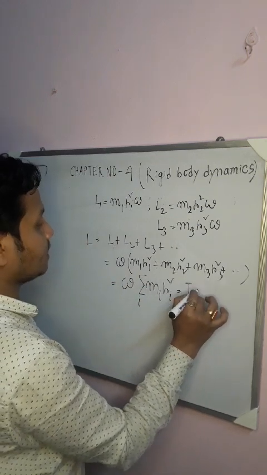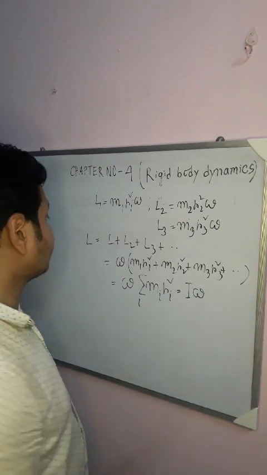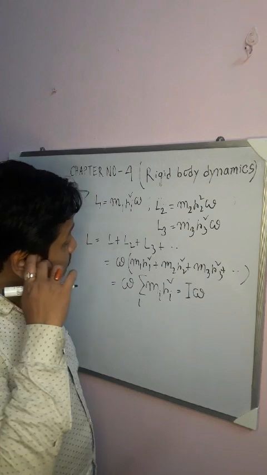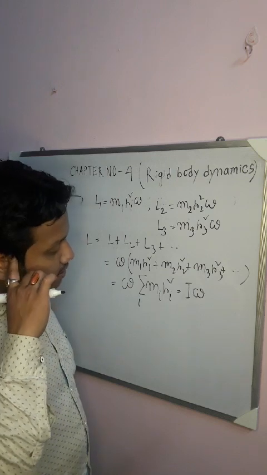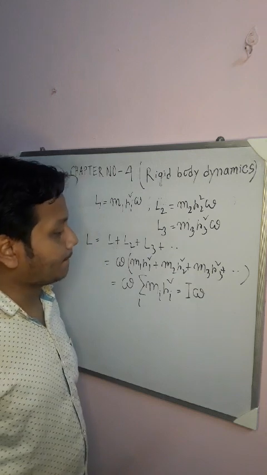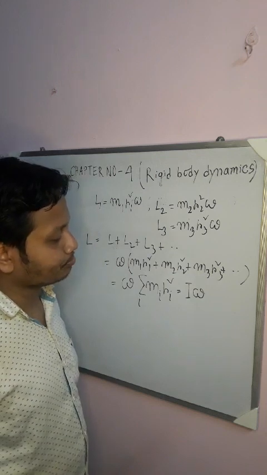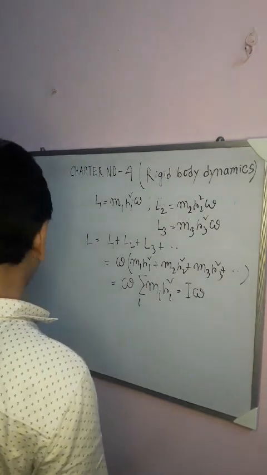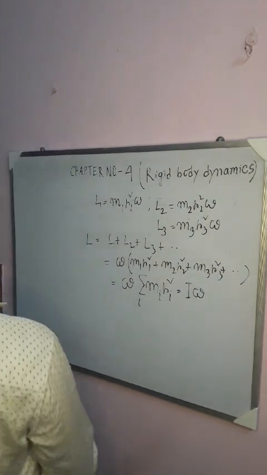So this is simply L equals I omega. This is the relation between angular momentum and moment of inertia, that is L equals I omega.